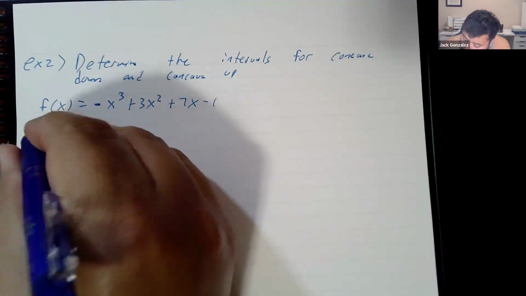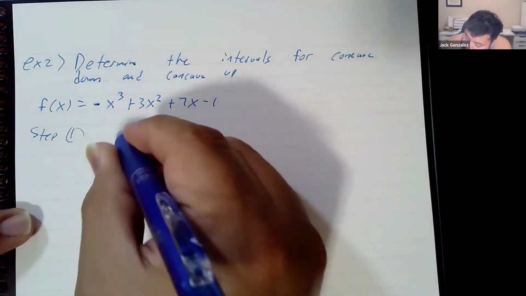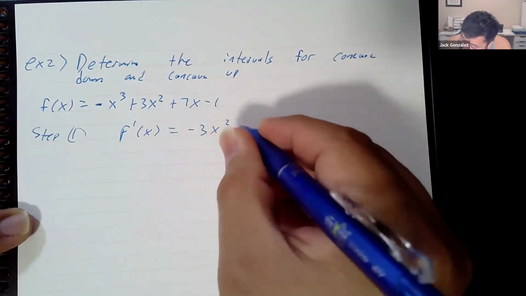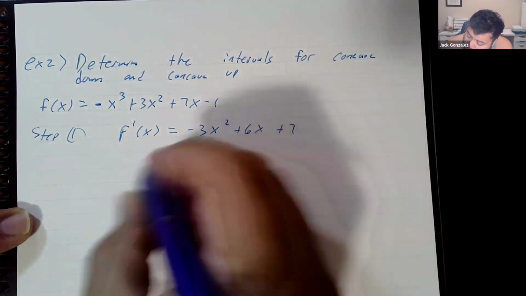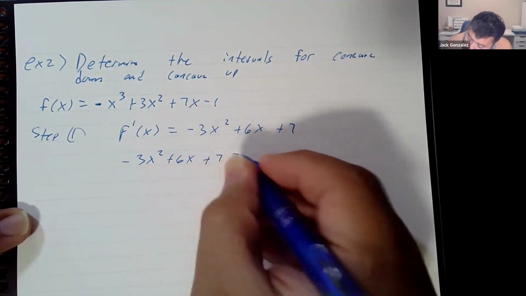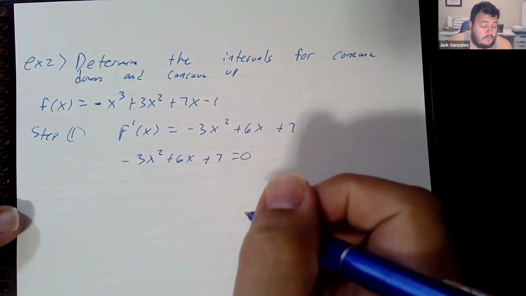Step 1, find the critical numbers. First derivative will be this. Set that to 0. Solve for x.